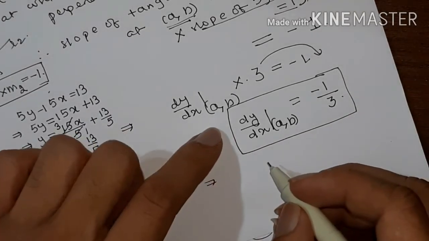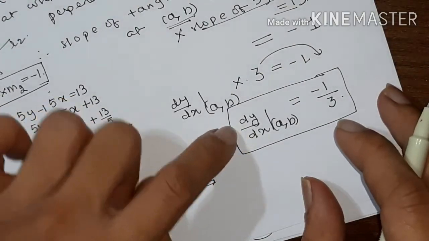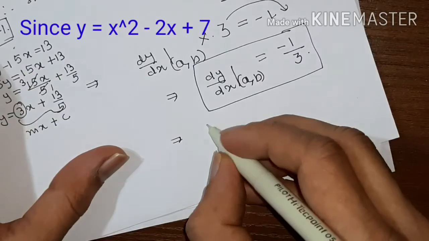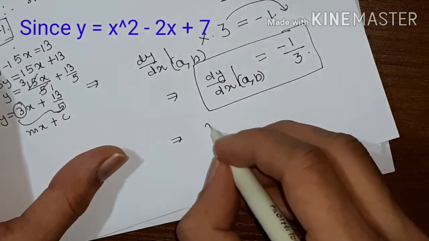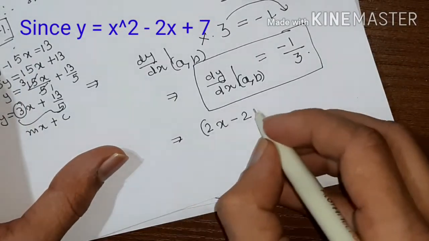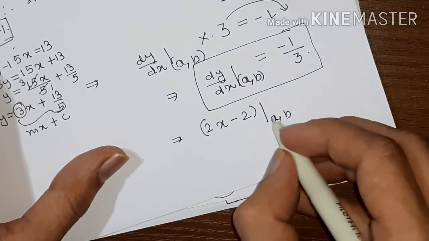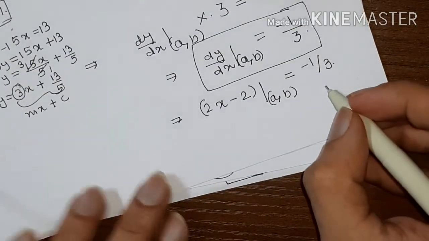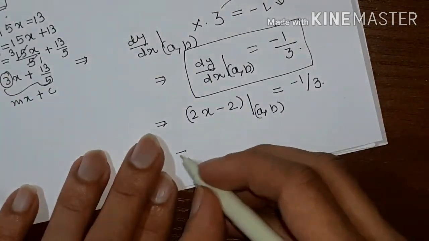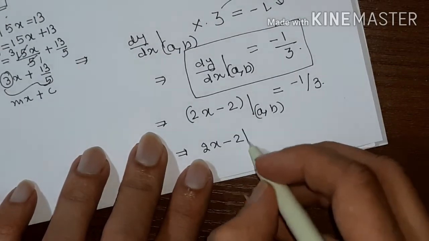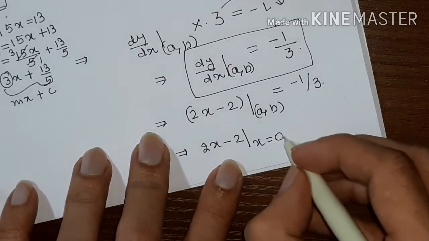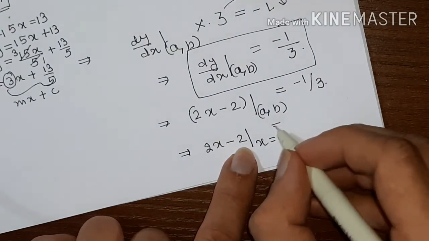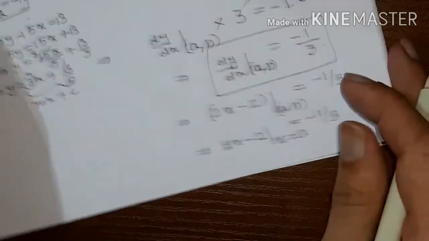So for that you substitute dy by dx. The derivative of y is 2x minus 2 at the point (a, b), which is equal to minus 1 divided by 3.